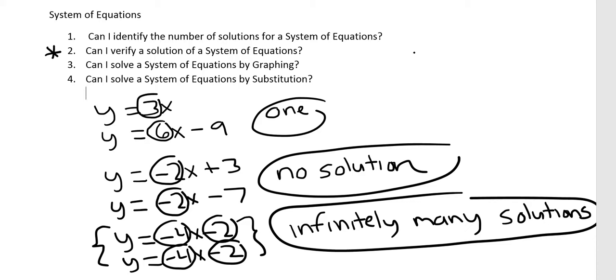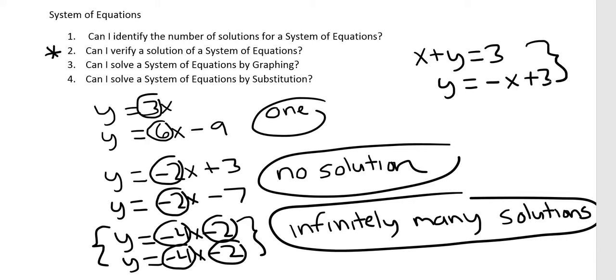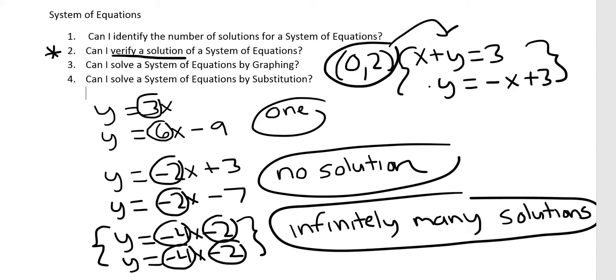So that means that if you have a system x plus y equals 3 and y equals negative x plus 3, and then you have a point like (0, 2), can you verify a solution? So can you tell if this point is going to be a solution to this system?